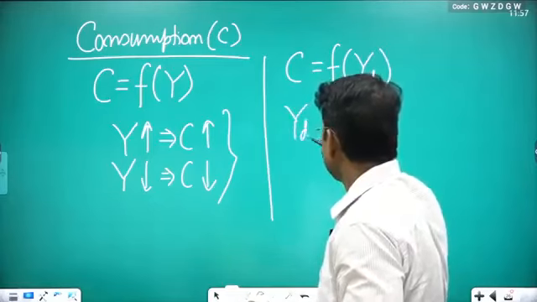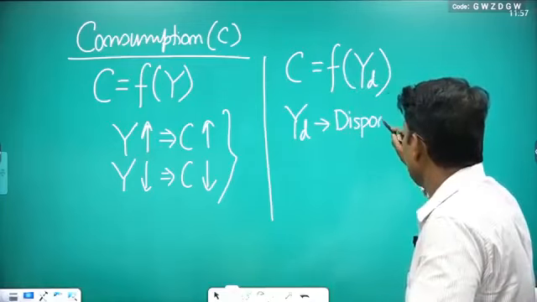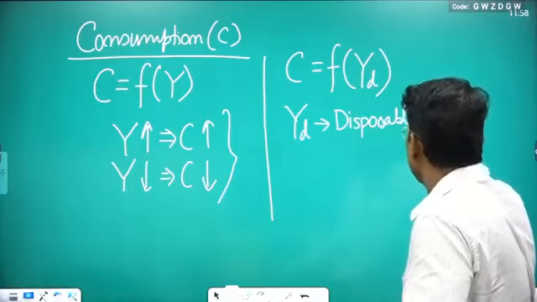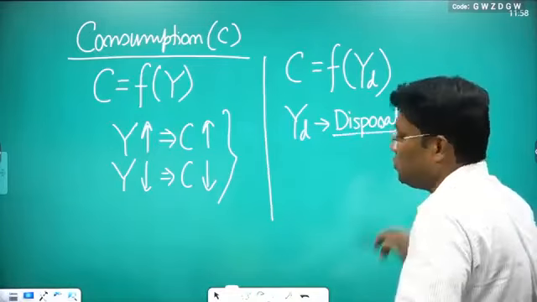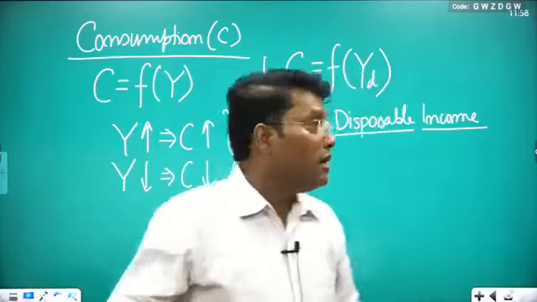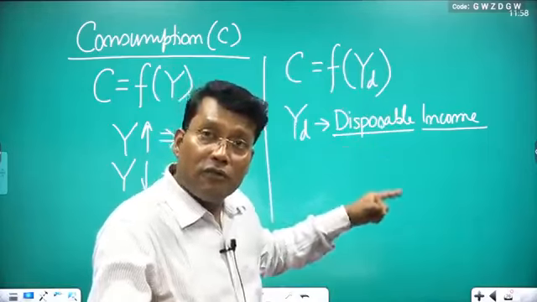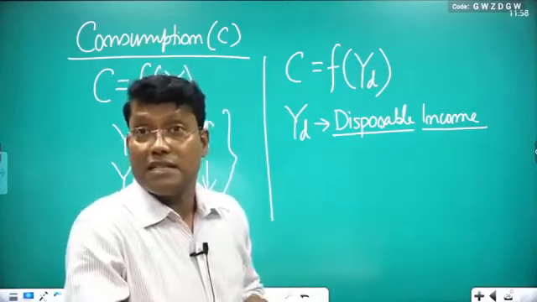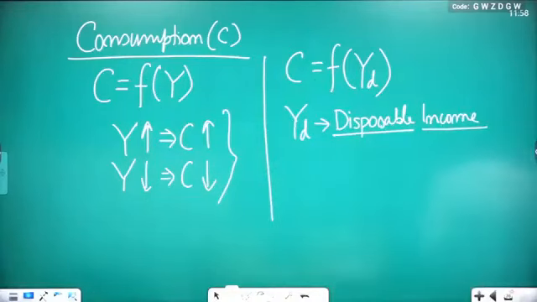YD is known as disposable income, which I already defined with you. Disposable income means income left after the payment of taxes. Which taxes? Direct taxes, remember.